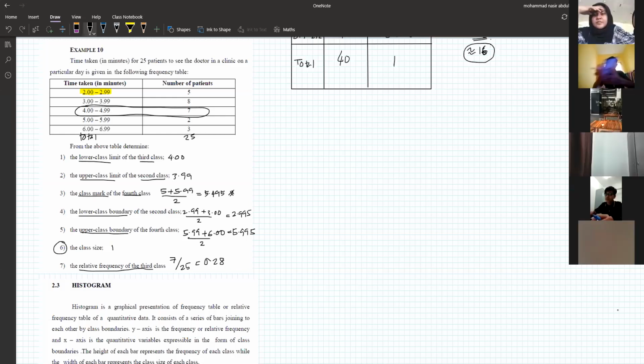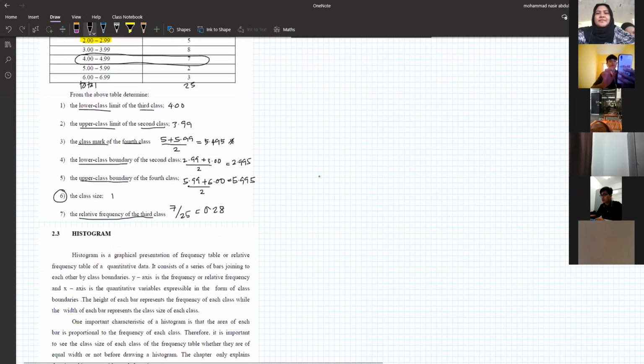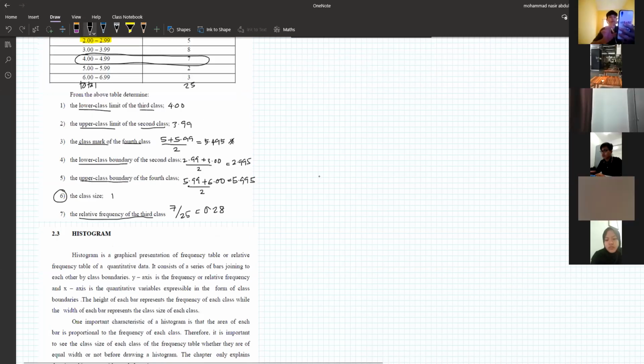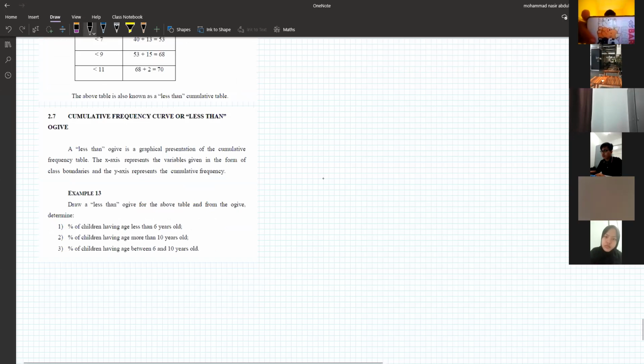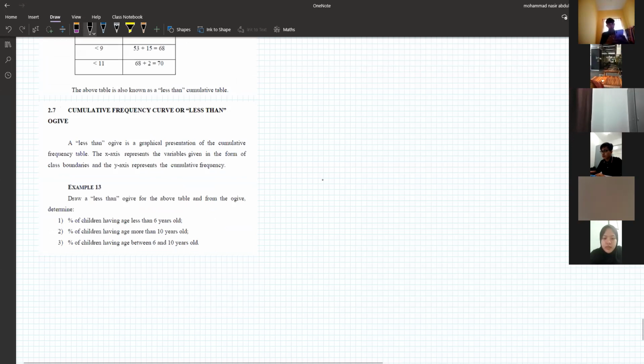So I guess we're going to stop here. For the next class, we will continue with histogram, frequency polygon, frequency curve, stem and leaf, and cumulative frequency table, and how to construct a cumulative frequency curve, or what we call a less than ogive. And then we're going to finish chapter number 2.